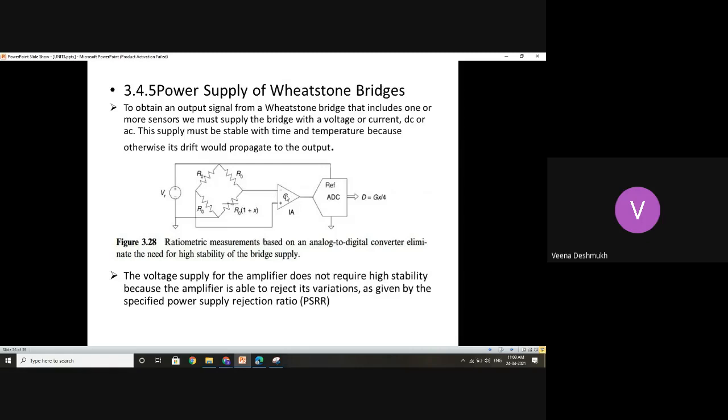That means, take for example the circuit I am displaying on the screen, whatever input is being supplied to this operational amplifier, the variation is happening not due to the variation in the temperature sensed by the sensor, but it is because of the imbalance caused due to the variation in the power supply.